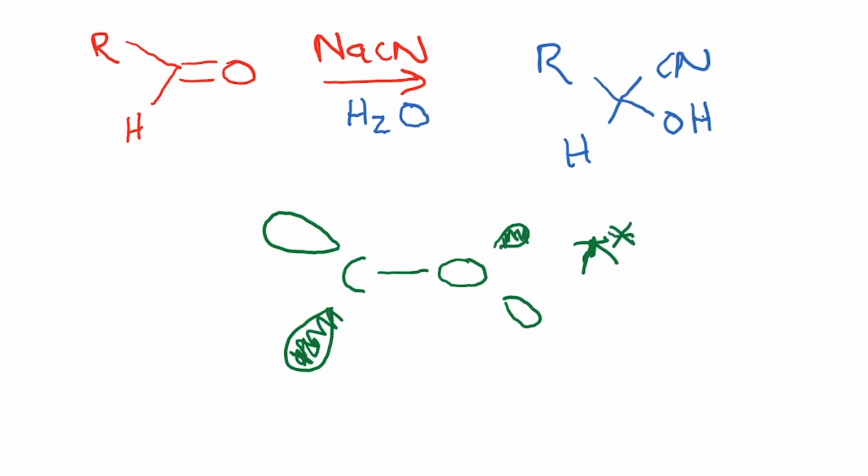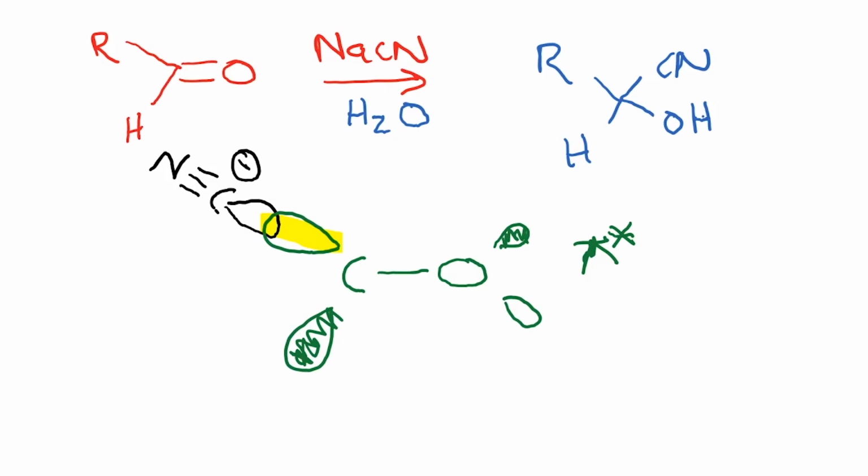Now, when you consider the attack, what we may want to think about is that this is one of the orbitals. It's an antibonding orbital, but having a large lobe, it's likely that the attack happens on this lobe over here. Now if you take cyanide, which is basically C triple bond N with a minus charge, it has an orbital that is going to come and interact with the antibonding orbital.